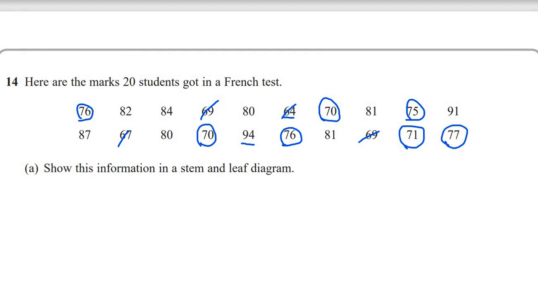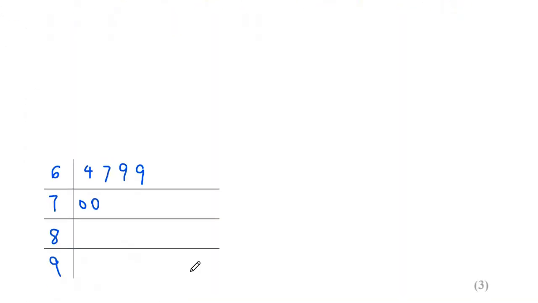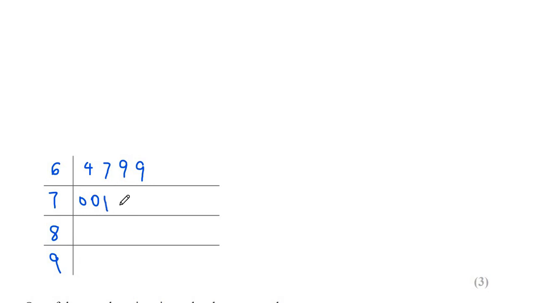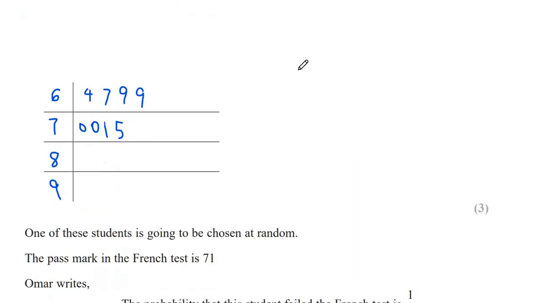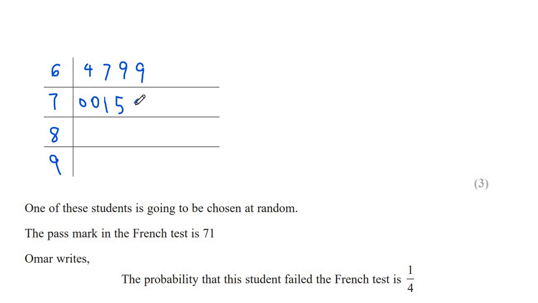So let us put those down. We have 71, 75, and I think we have two 6s here. 1, 2. So we need to put two 6s here. And lastly, we have a 77.